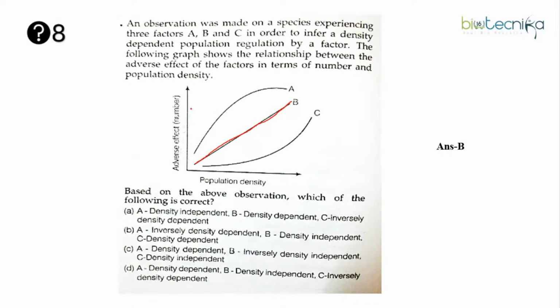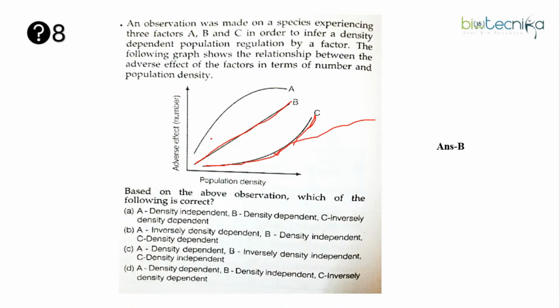The numbers will keep on increasing. But if you look at C, it is definitely density dependent because the adverse effect is increasing as your population density is increasing. So it is density dependent.